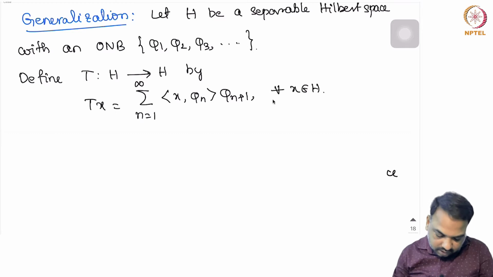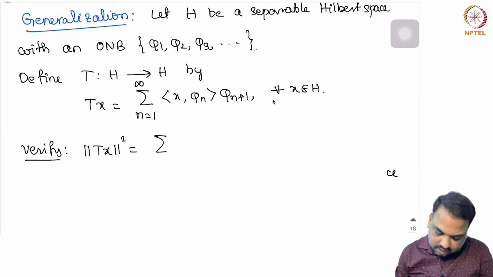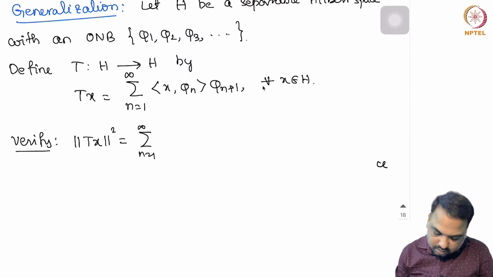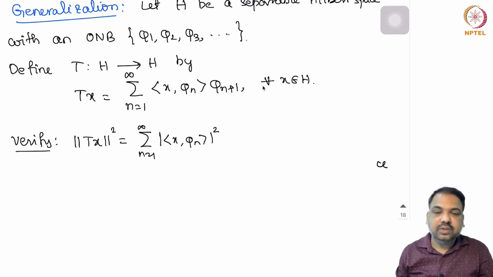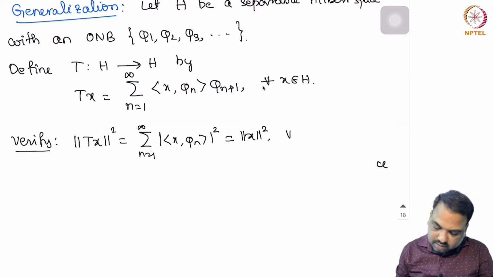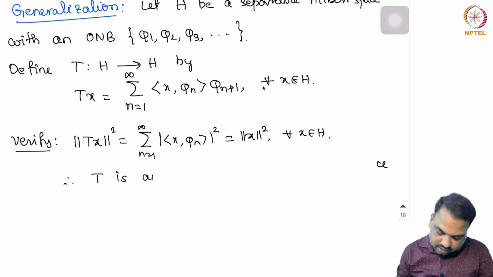We can easily verify that norm of Tx squared is exactly the summation n equal to 1 to infinity of mod square of inner product x with phi n. So this is exactly norm x square for every x in H. Hence we can conclude that T is an isometry.